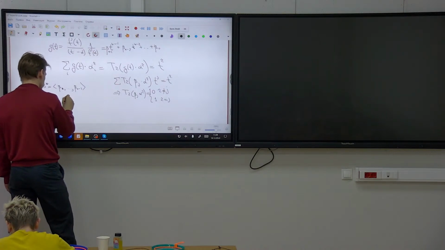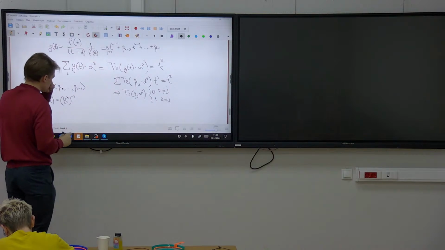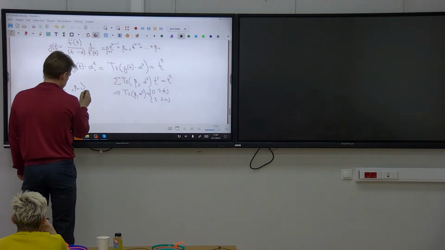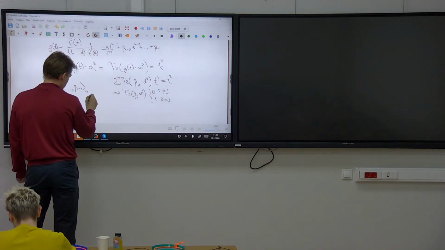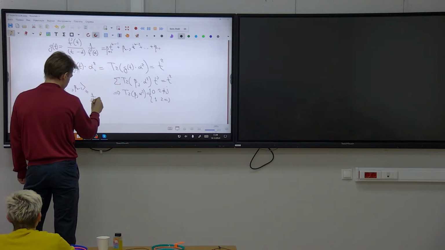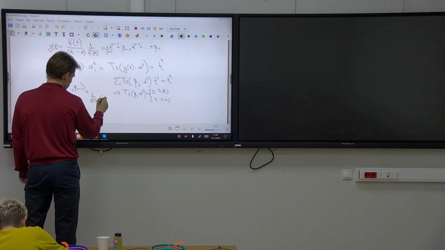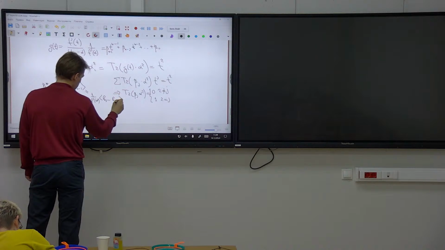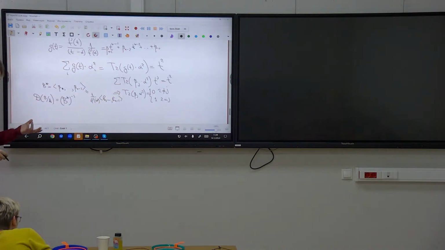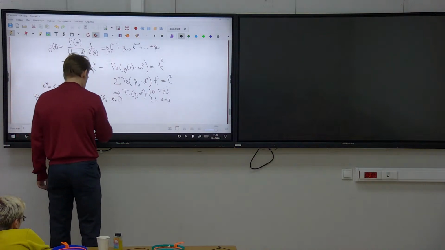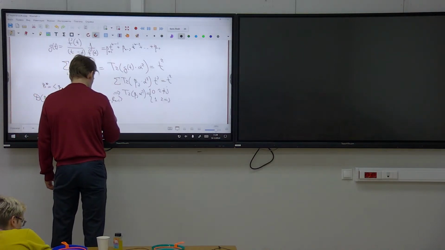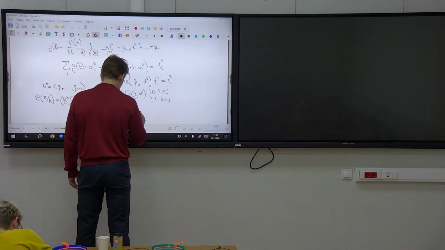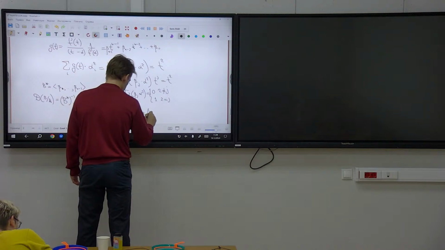But notice that this is a principal ideal. I mean, this is written as 1 over f prime of alpha times the linear combination of b0, etc., b n minus 1. And these generate A of alpha.